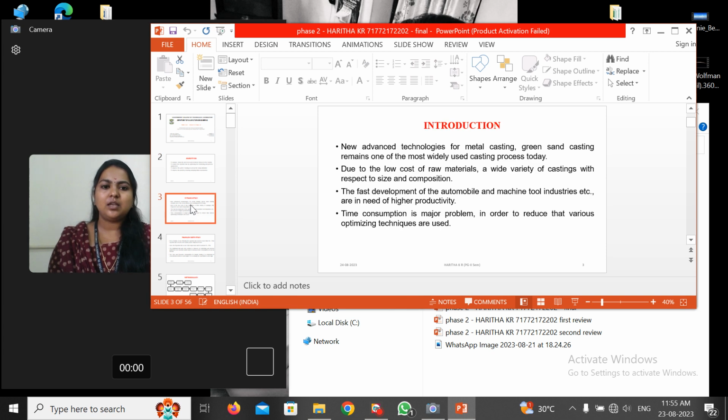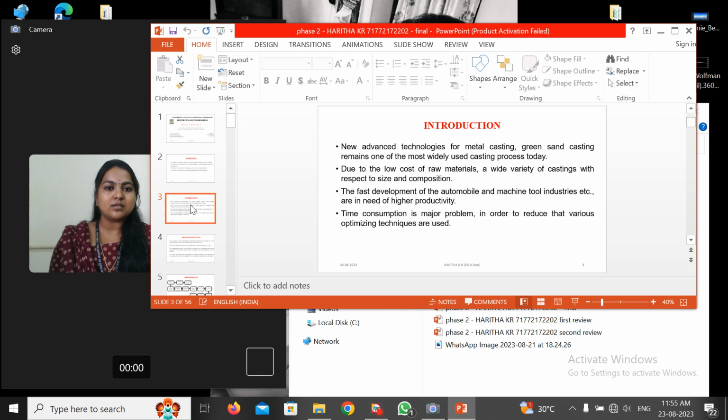In the introduction, there are n number of different advanced technologies in metal casting that have been developed, but green sand casting is one of the most widely used techniques in the casting process today, for decades.